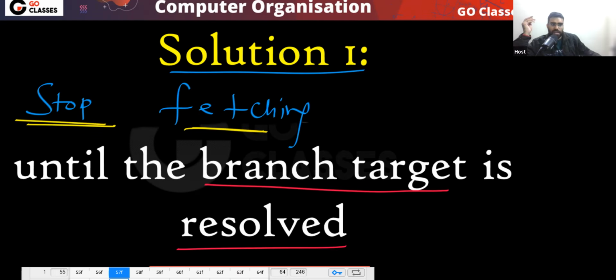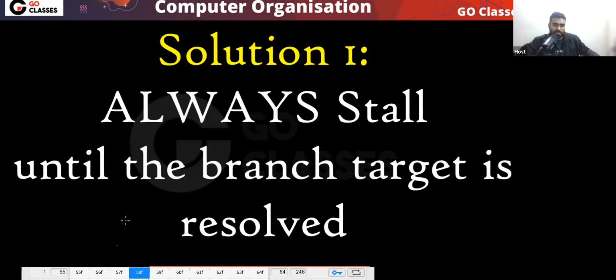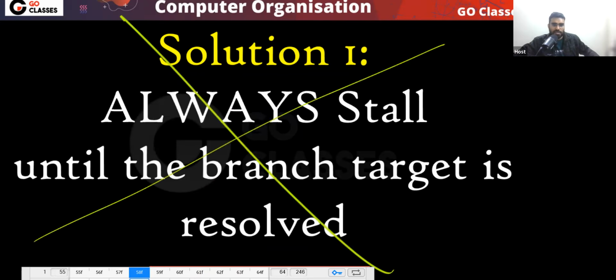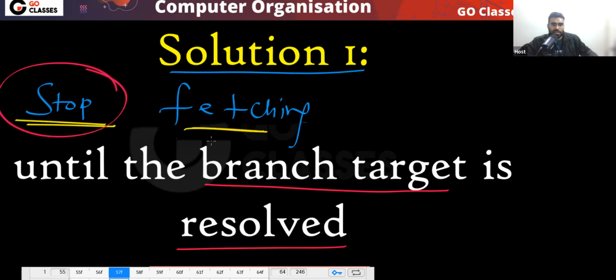Now a very beautiful concept I'm going to tell you, please understand this. Just stop fetching until you know the branch target.